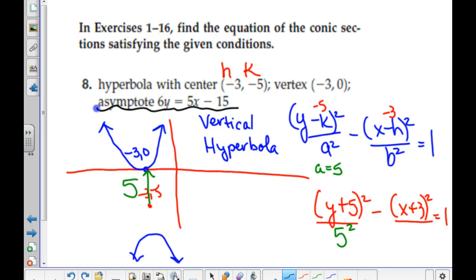Yes, we have this equation, the asymptote equals this. Well, I don't know why they wrote it like that.